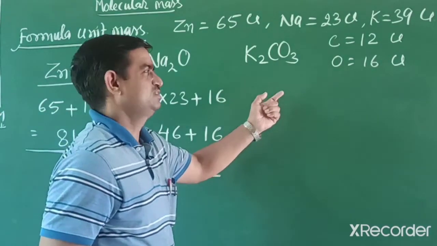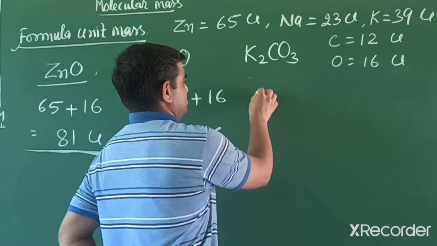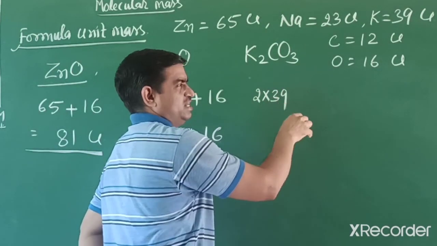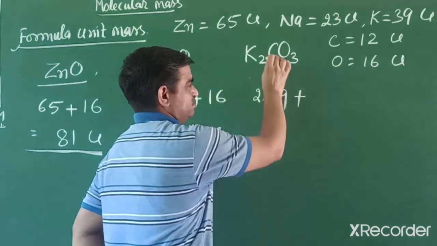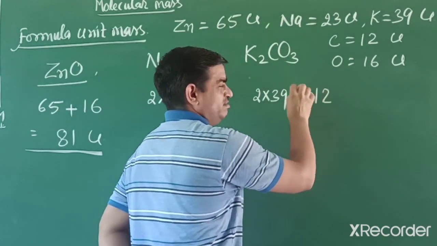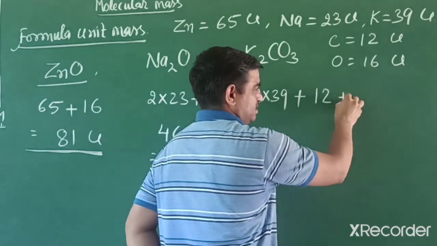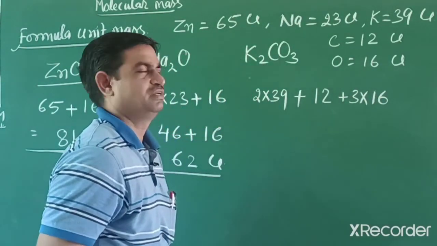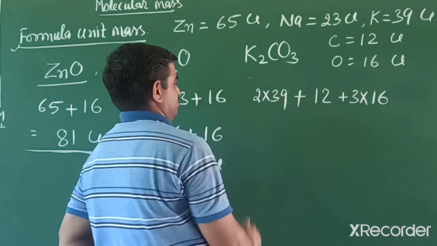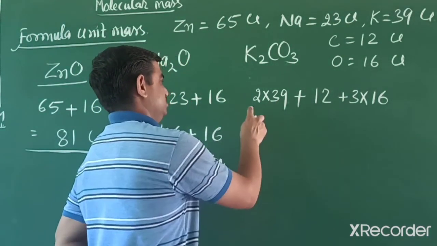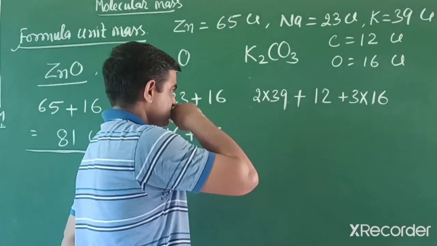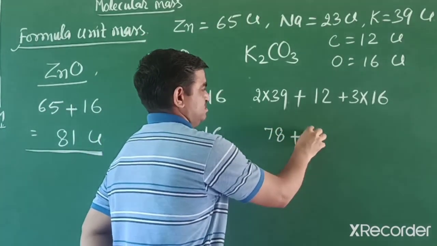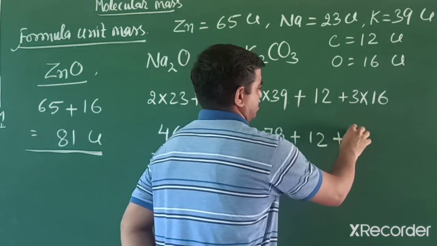Other one, potassium carbonate: 2 into 39 plus carbon mass, we know 12, oxygen plus 3 into 16, then you can solve. 2 into 39, 78, plus 12 plus 48.